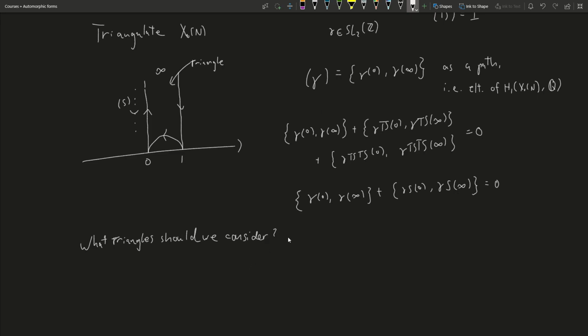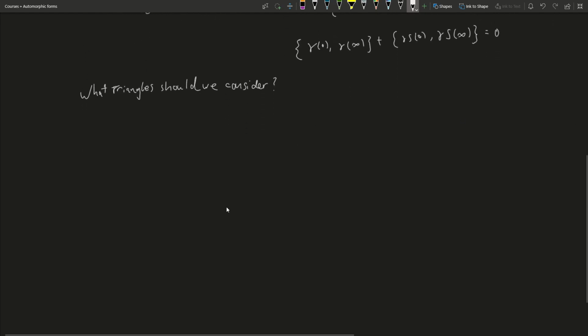And the answer is going to be that we need to consider the cosets of gamma naught N in SL2Z, because of course, as we've seen before, using this notation here of parentheses, if we have, say, G gamma, for G in gamma naught N, this is just equal to gamma, in the homology of X naught of N, right?